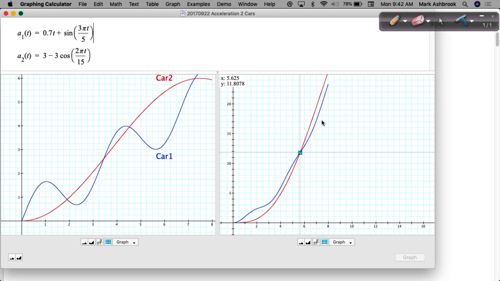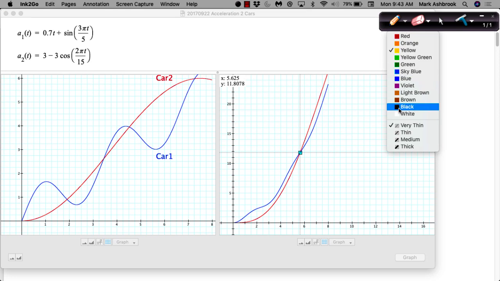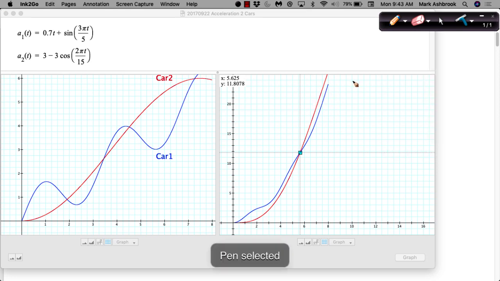Any volunteer? These are the acceleration functions. We have those defined. And this is, say, velocity for car 1, and velocity for car 2.